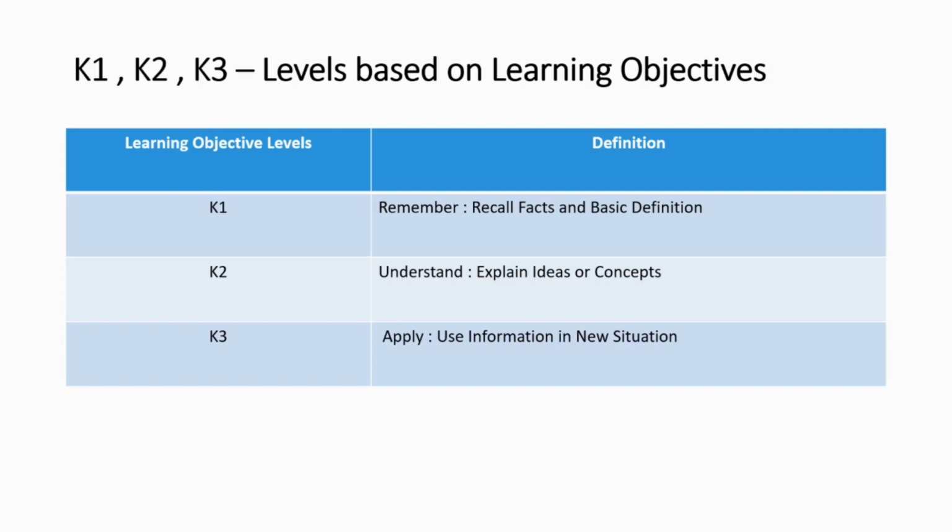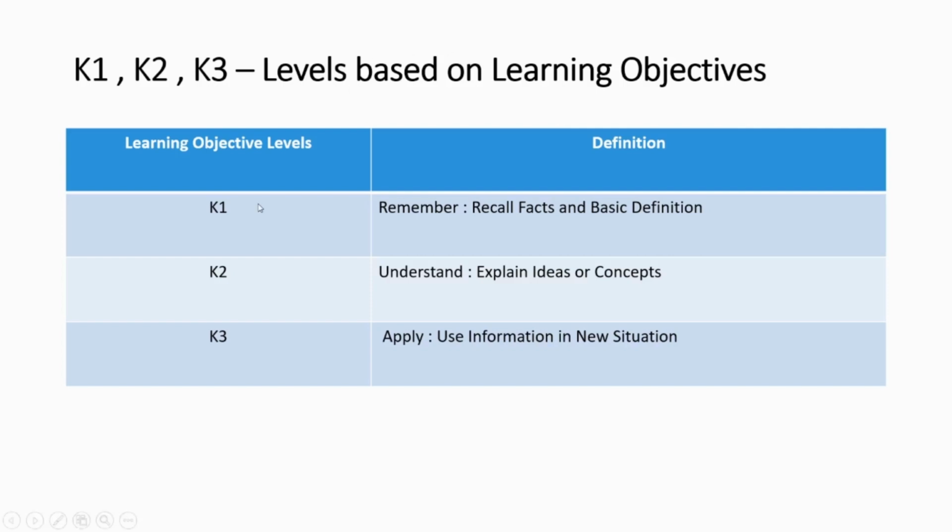Another learning objective is K2, where you have to understand some concepts or ideas. And the last level is K3, in which you have to analyze something. There will be one situation in front of you and then you have to do some analysis.